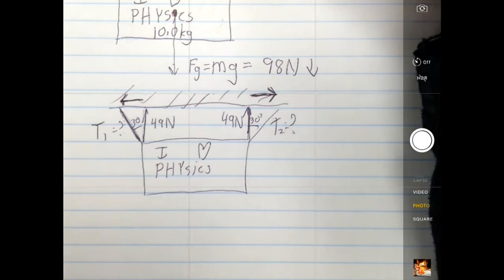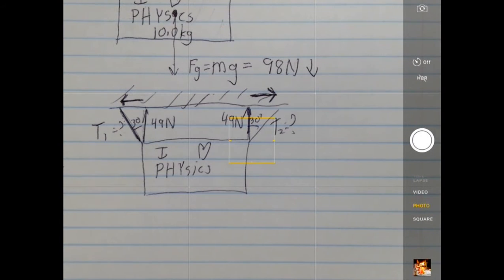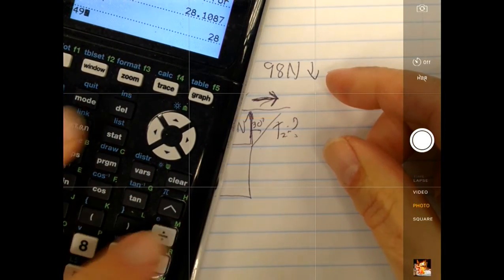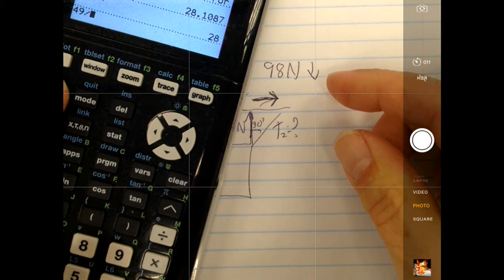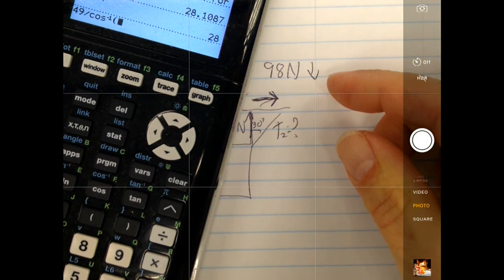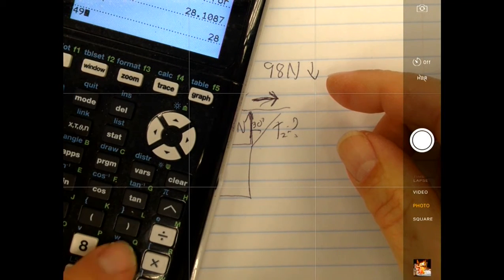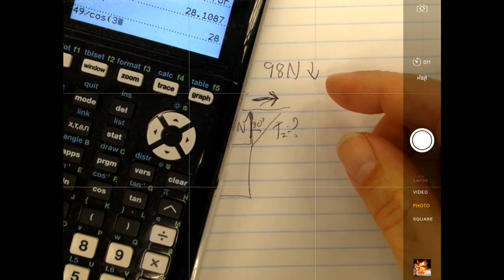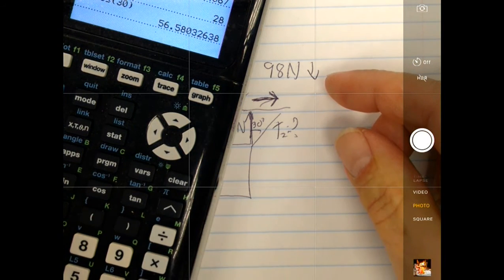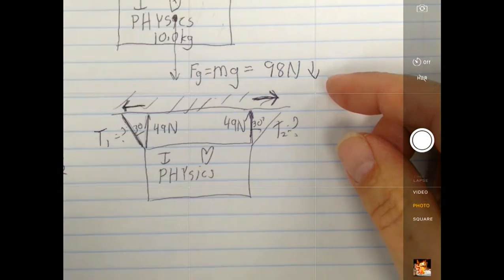You're powering up your calculator. Sorry, I don't have my calculator ready. Deploying calculator now. And my calculator says 49 divided by the cosine of 30 degrees is 56.6 newtons.